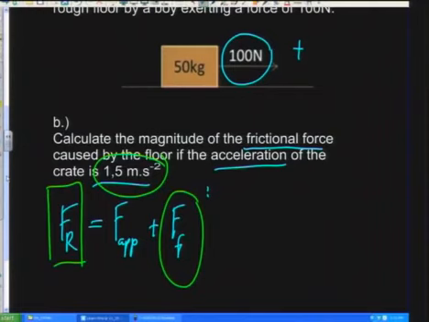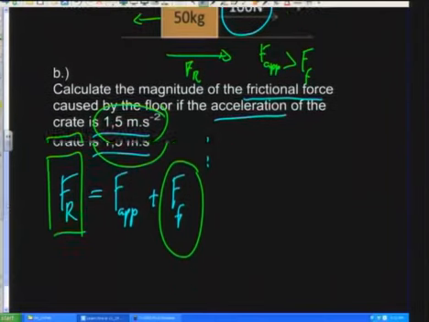The important thing here to recognize is that this is the direction of acceleration, and this is the same direction of the resultant force, because the force applied is going to be bigger than the frictional force. The frictional force is just going to be a little force that's holding it back a little bit.